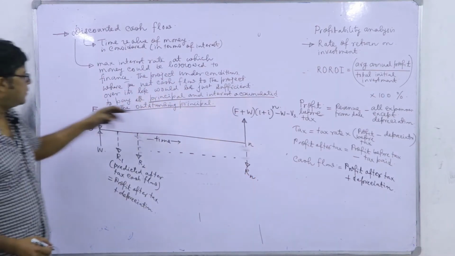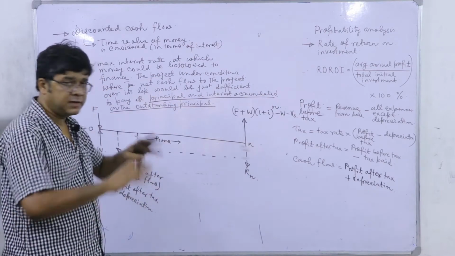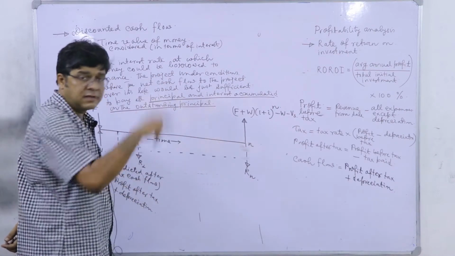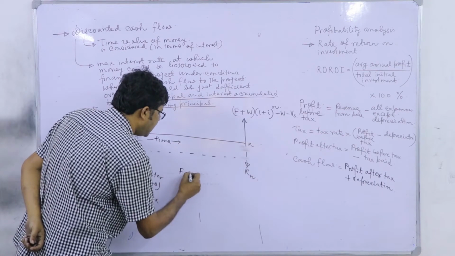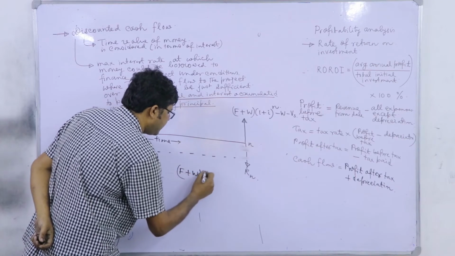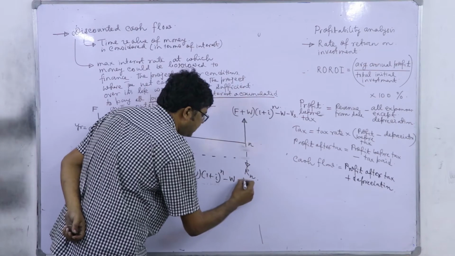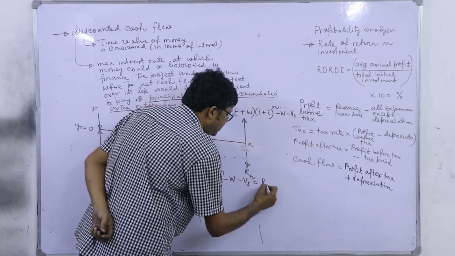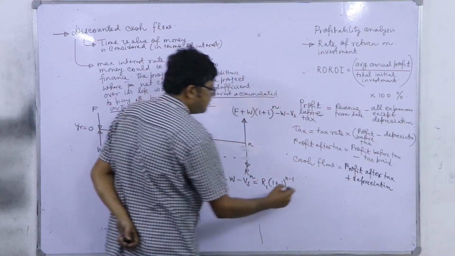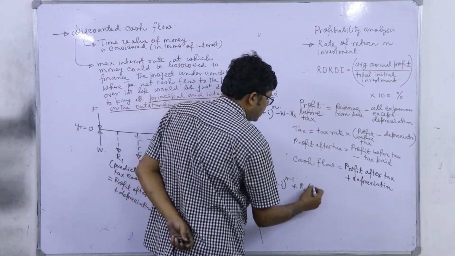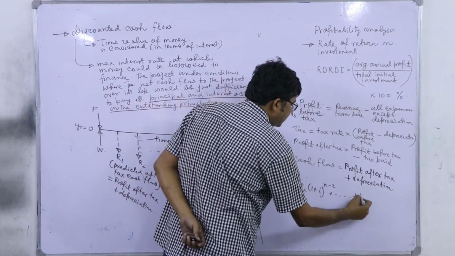Right. So, this investment and whatever you are getting back must balance each other, and therefrom we should calculate I. So, F plus W into 1 plus I to the power n minus W minus Vs should be just equal to R1 into 1 plus I to the power n minus 1, plus R2 into 1 plus I to the power n minus 2, plus Rn.